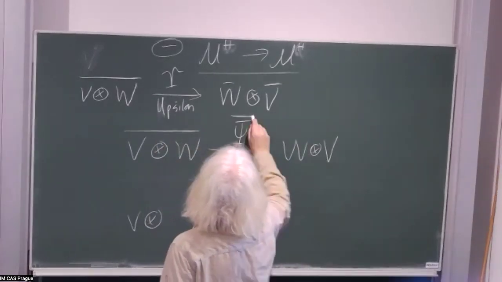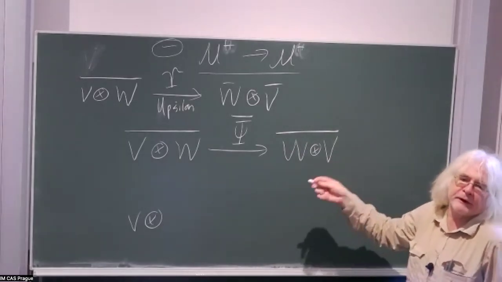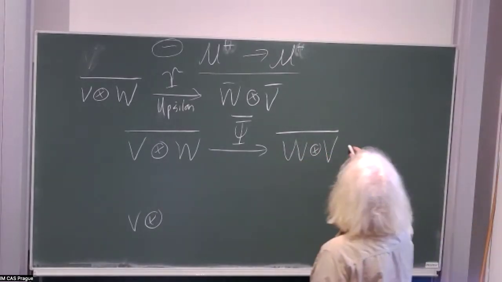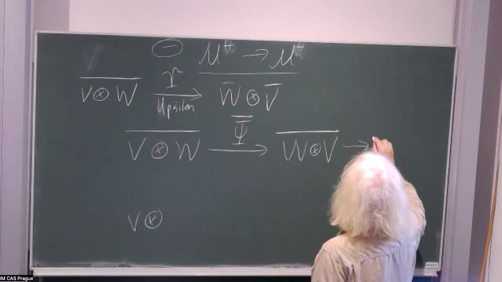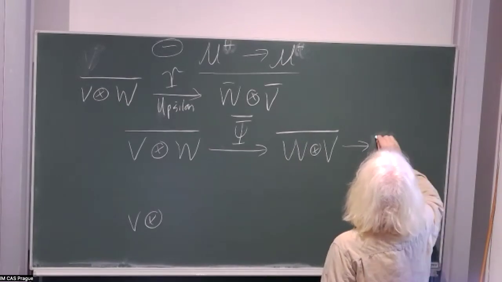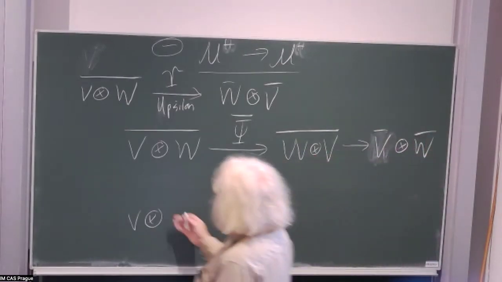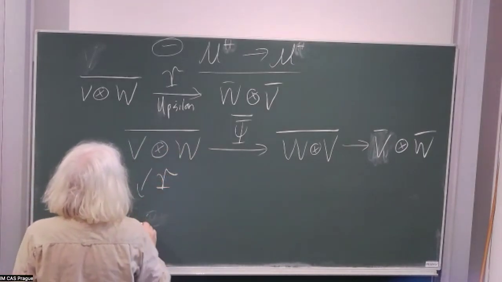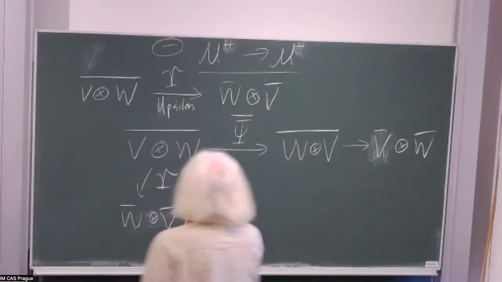So in particular, I can apply it underneath the bar, literally to whatever's written underneath the bar. And now I can use an epsilon on that to get V bar tensor W bar. I can use epsilon on this one to get W bar tensor V bar.